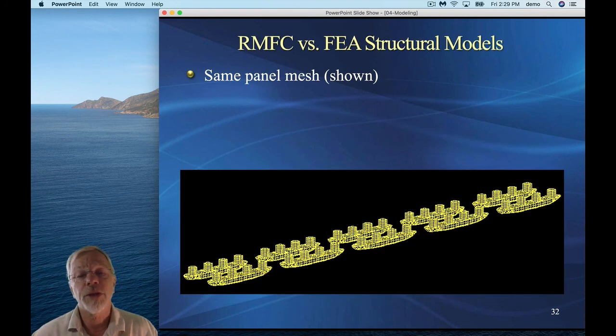So this sort of a structure admits 2 kinds of models, I would say. The so-called RMFC model, rigid module, flexible connector model, assumes the modules are rigid and they're only connected by flexible connectors. So the only flexibility is in the connectors.